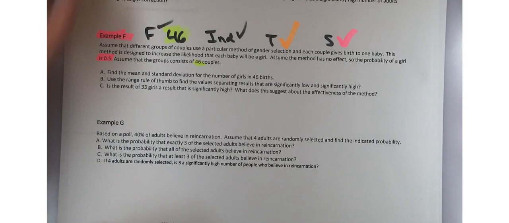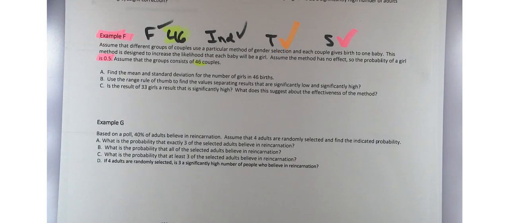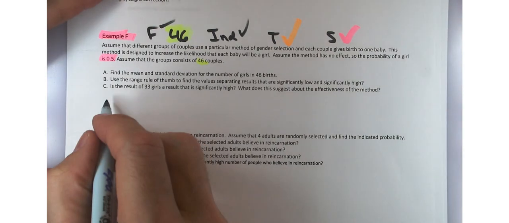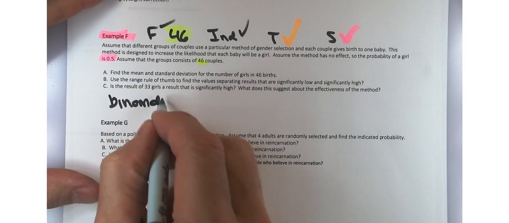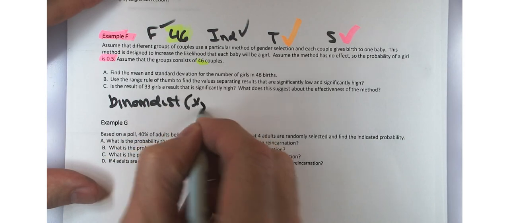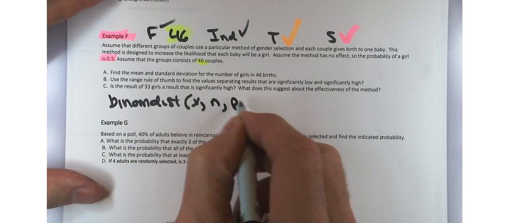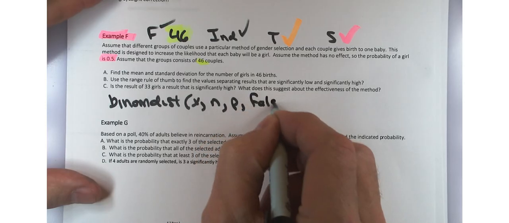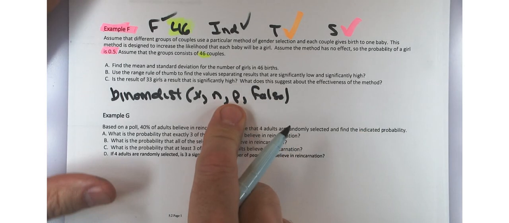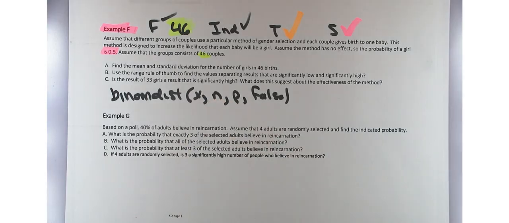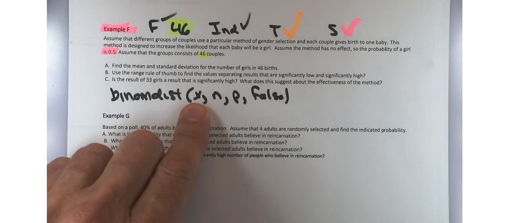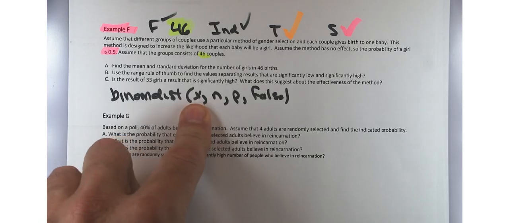Let's take a look at some probabilities. Now, just to remind you, you can calculate those probabilities this way. It's going to be binom dist, and then x, then n, then p, then false, where p is your probability of success, n is the number of trials, and x is the number that you want to see succeed.